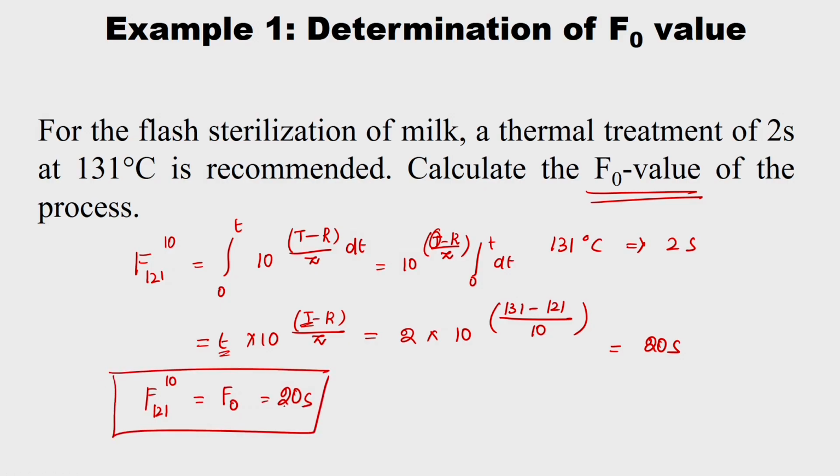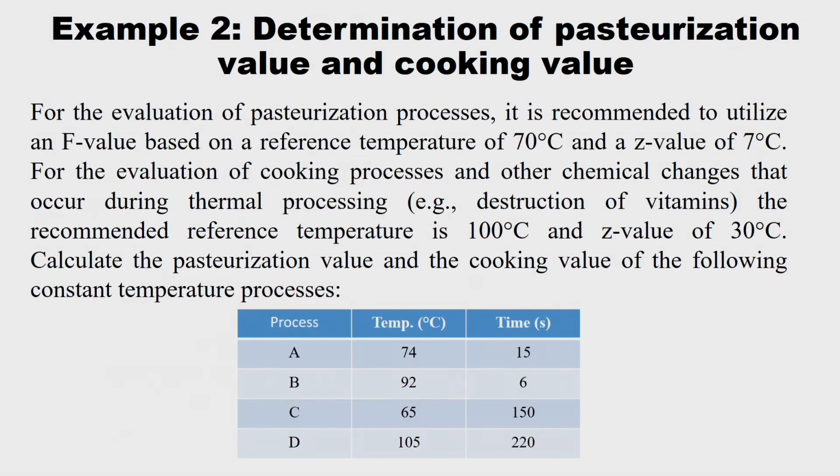So, if this process is being followed, I need to sterilize my milk. If I maintain 131, then it would be coming as 2 seconds, right. This is another example to calculate the cooking value as well as the pasteurization value.